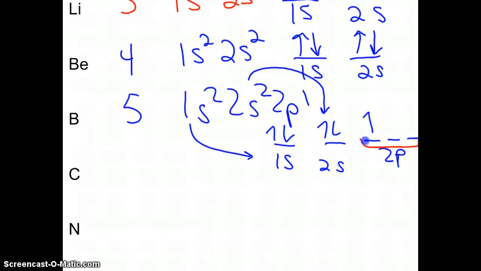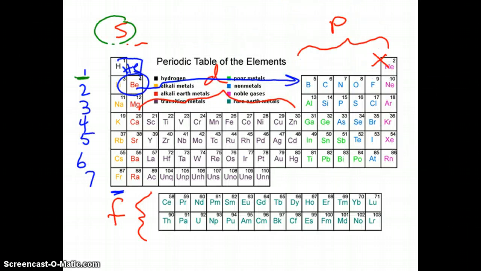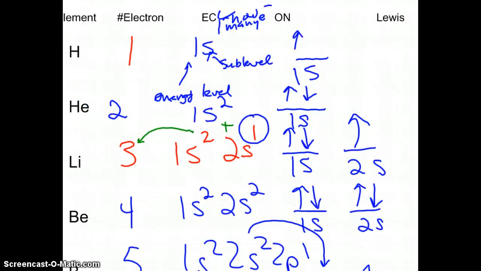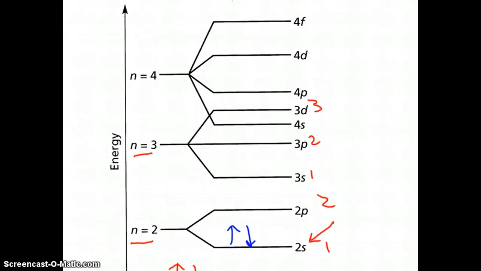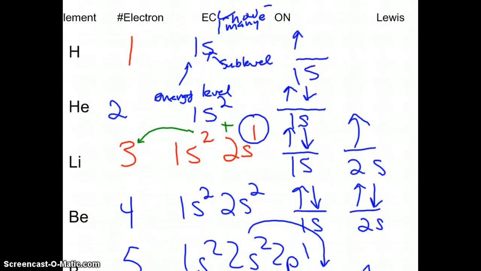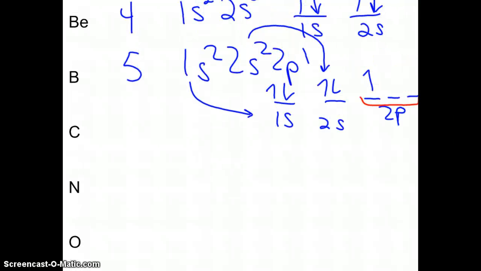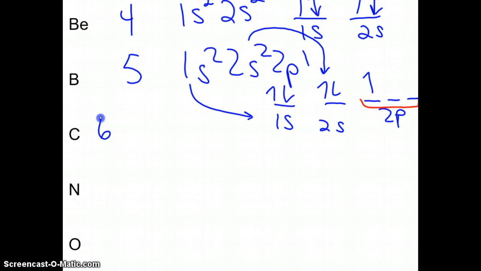Okay, let's do element carbon next. I look at my periodic table, and here is carbon. It is also in the p block, has atomic number 6. So I need to place all 6 electrons. So it has 6 electrons. The first 2 electrons are 1s2. The next 2 electrons are 2s2.